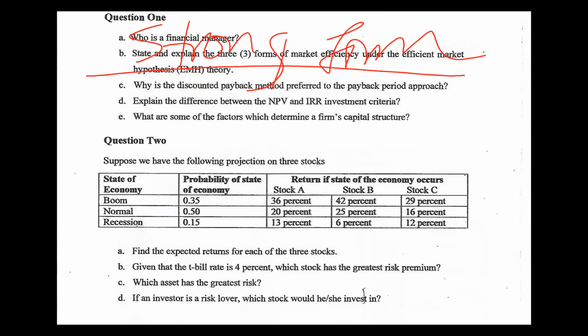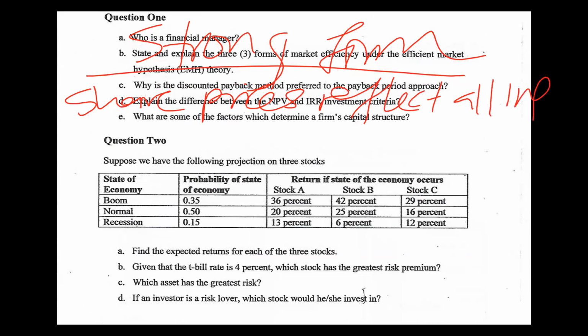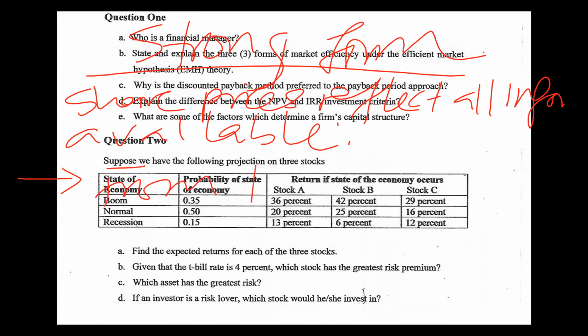With the strong form, share prices reflect all information available, number one, from past price changes, or information available from past price changes.